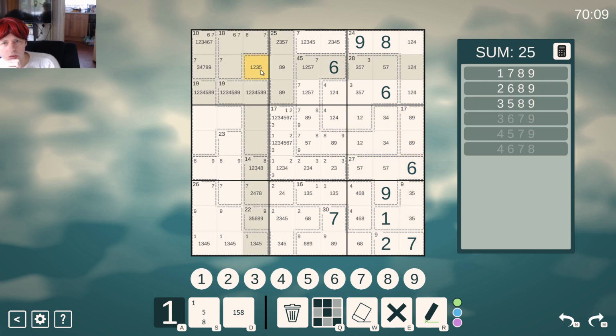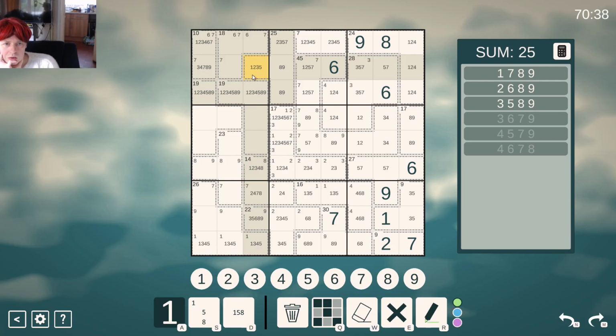This one now. We've lost 8 and 9. Oh, no, we haven't. What I mean is, we have lost... I thought we'd lost some possibilities, but not sure we have. If that's 1, that's 7.